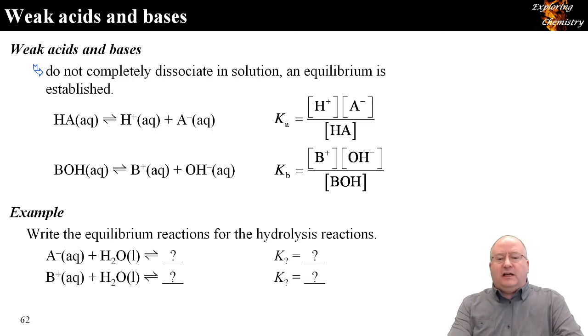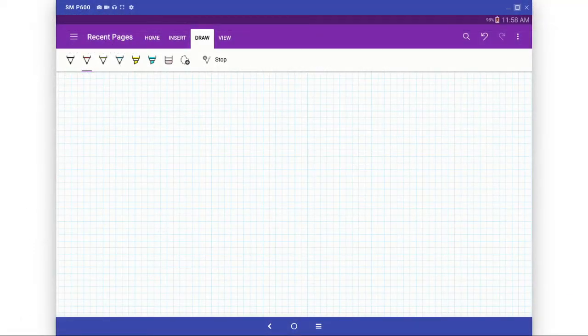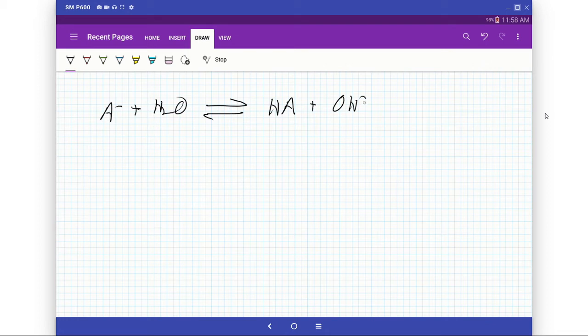And so let's look at the hydrolysis reactions of A- and B+. So we have A minus reacting with water, and this equilibrium is going to reform our acid. It's a conjugate acid-base pair, and what's left over, of course, is hydroxide, which makes sense.